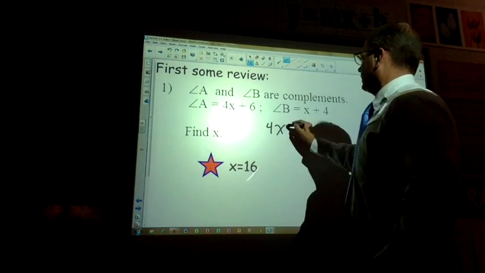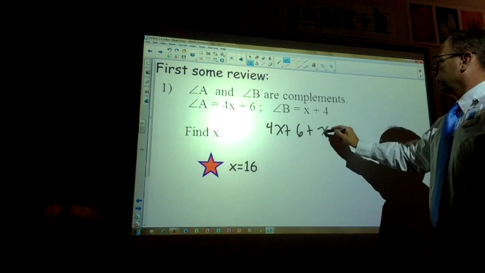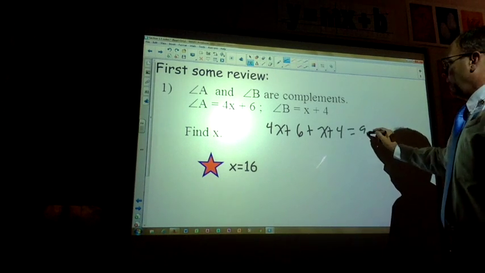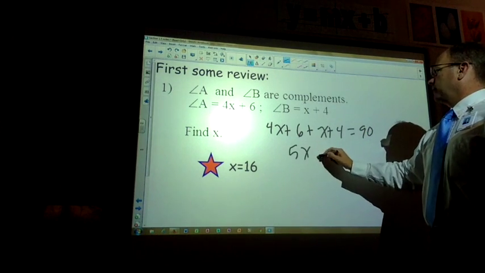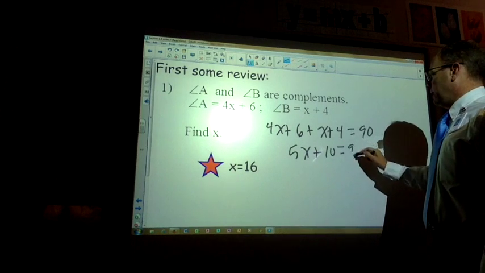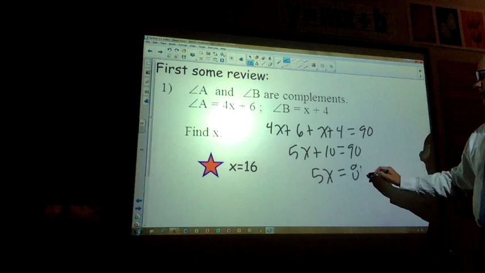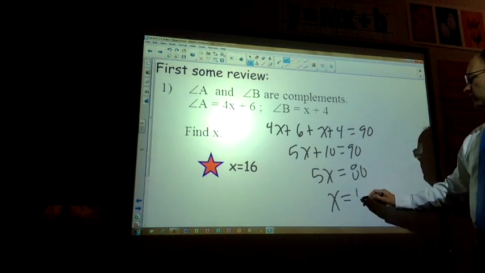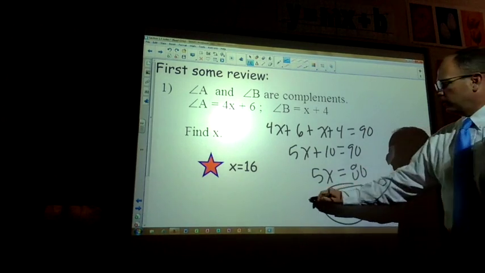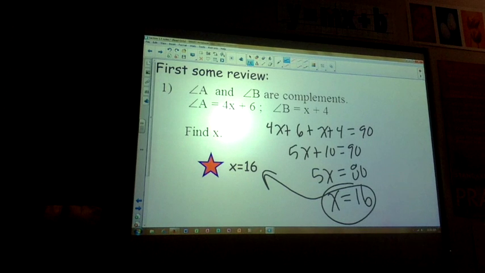Well, you have to add these together, and they equal 90. So you get 5x plus 10 equals 90. You guys remember from algebra, you subtract 10, divide by 5, and you find that x equals 16. I like when we match up to the answer that they gave us, right?